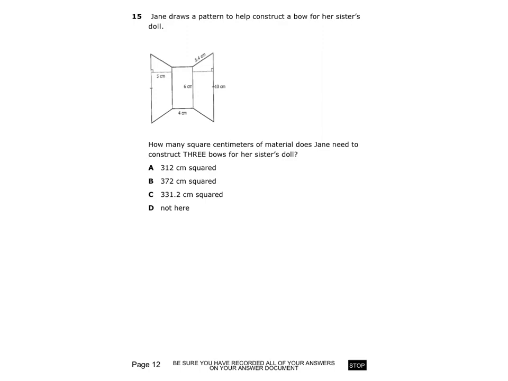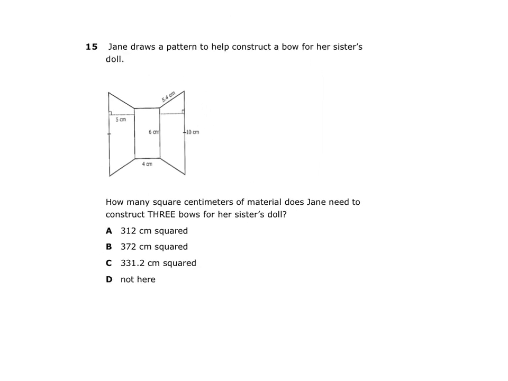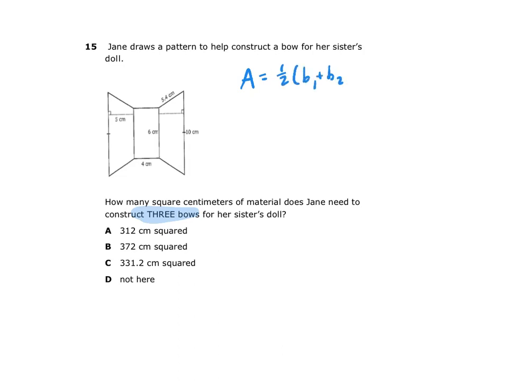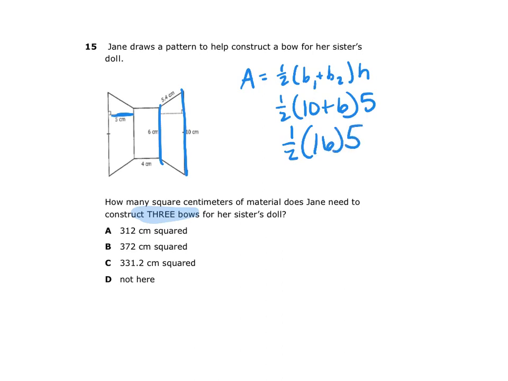And then our last one, yes ma'am. She draws a pattern to help construct a bow for her sister. How many square feet for 3 bows? So we have a trapezoid. We're going to do 1/2 base 1 plus base 2 times height. Base 1 is 10, base 2 is 6, and the height is this right here, which is 5. 1/2 of 16 times 5, so 8 times 5, which is 40.